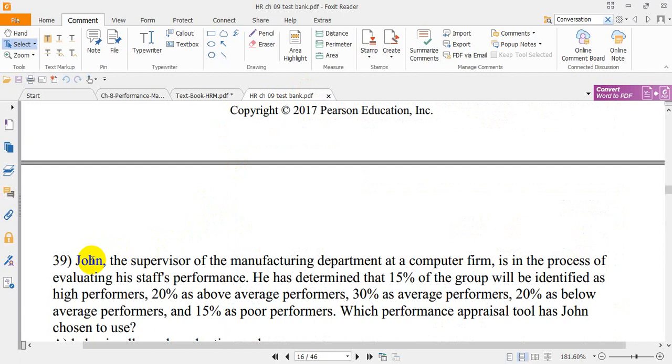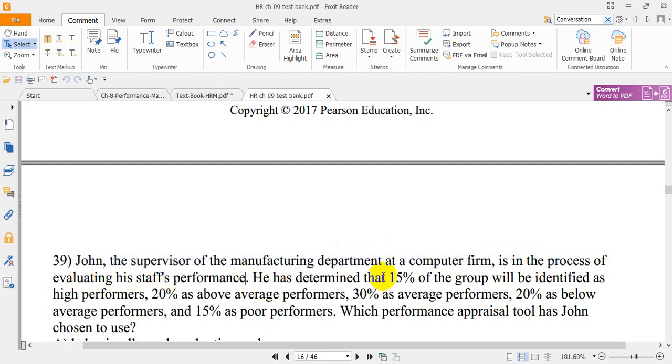This is an example. John, the supervisor in the manufacturing department at a computer firm, is in the process of evaluating his staff performance.